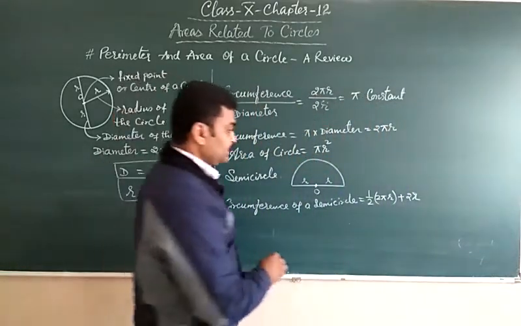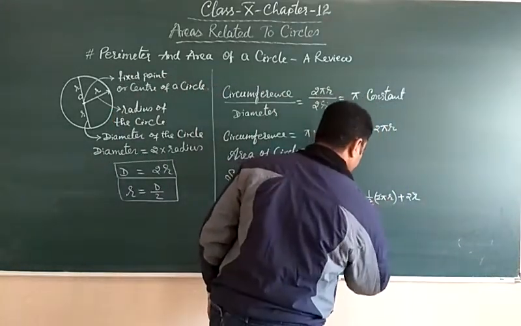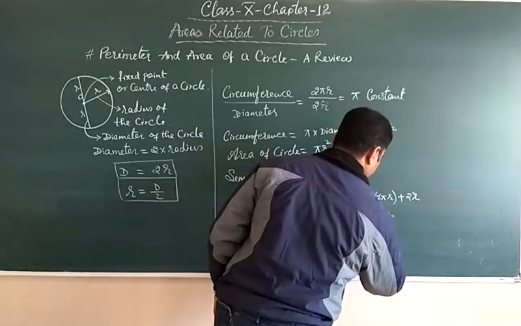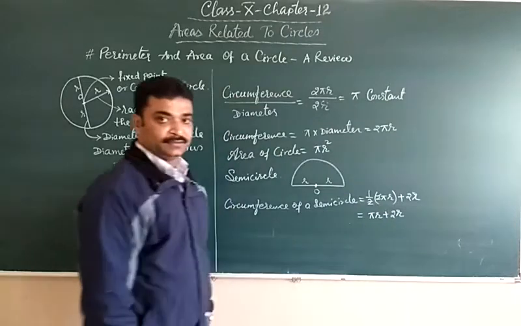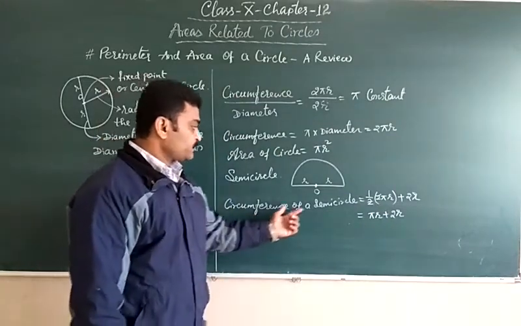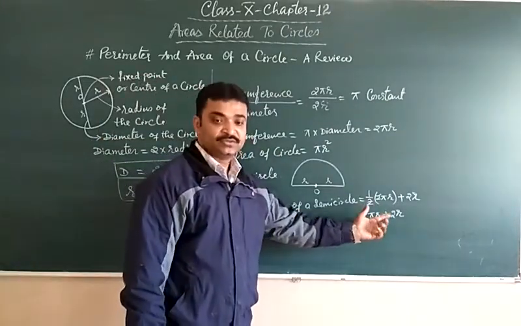Got it? Now here the 2 cancels, that means pi r plus 2r. Clear? So the circumference of a semicircle is pi r plus 2r.